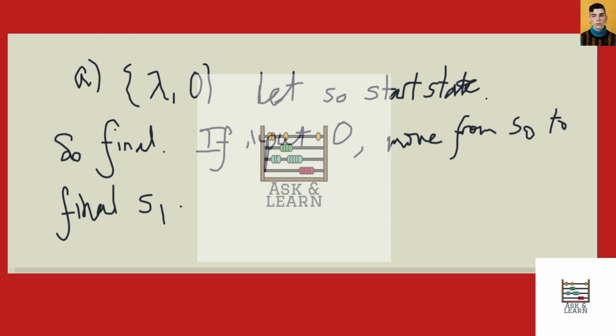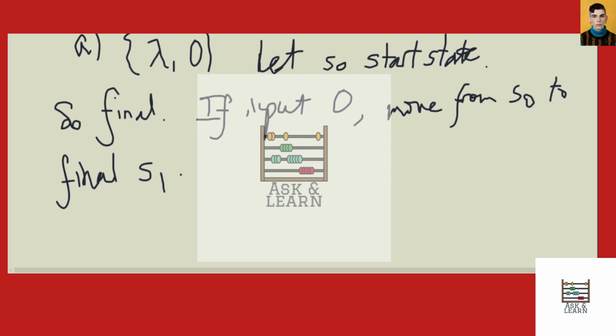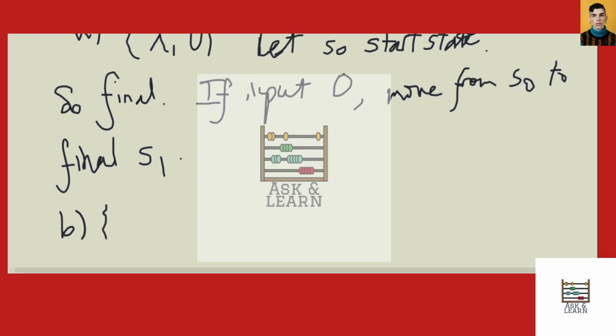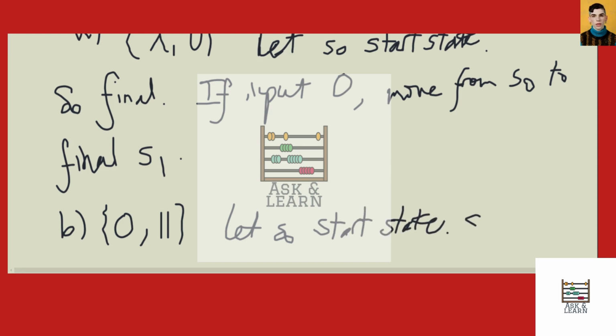In part B, we're given the set {0, 1 1}. Now, let S0 be a start state. Since the empty string lambda should not be recognized, it follows that S0 should be a non-final state.